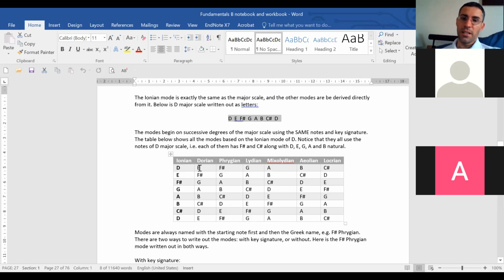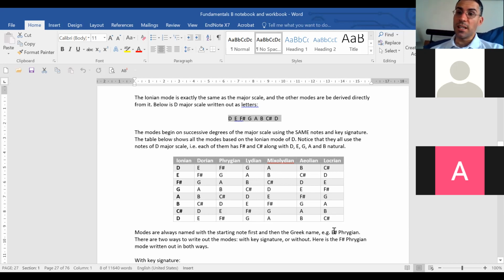So the Dorian scale starts on E, it has F sharp, G, A, B, C sharp, D, E. The Phrygian starts on the F sharp, and it goes successively: F sharp, G, A, B, C sharp, D, E, F sharp. The Lydian starts on G, and it uses those same notes, but in order. The Mixolydian starts on A, the Aeolian on B, and the Locrian on C sharp.